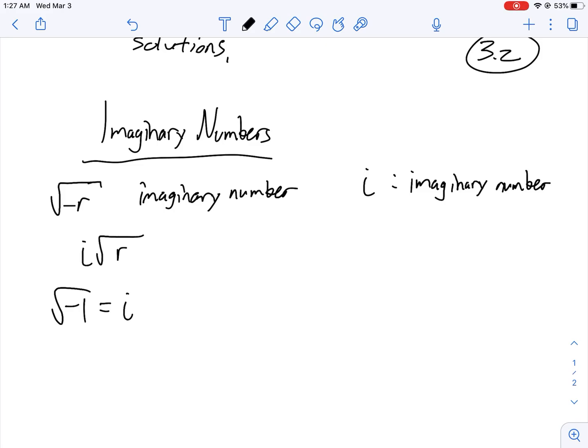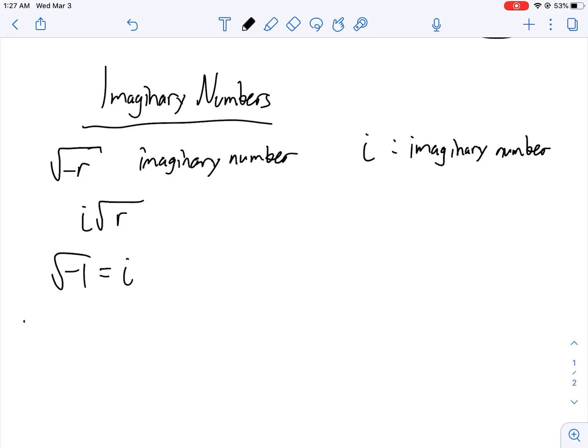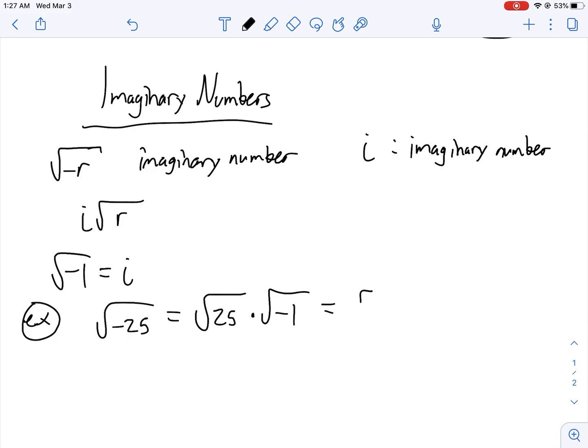So when we look at square roots, we can break them apart. For instance, if I have the square root of negative 25, I can break this negative 25 up into the square root of 25 times the square root of negative 1. Now, the square root of 25 is 5, and negative 1 square rooted is imaginary, it's i.